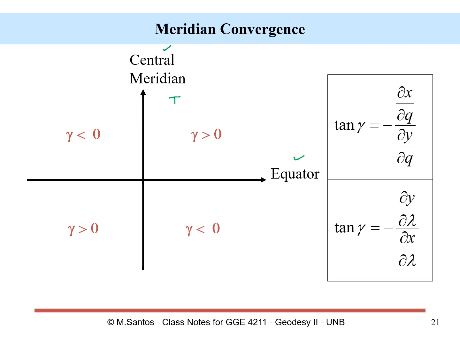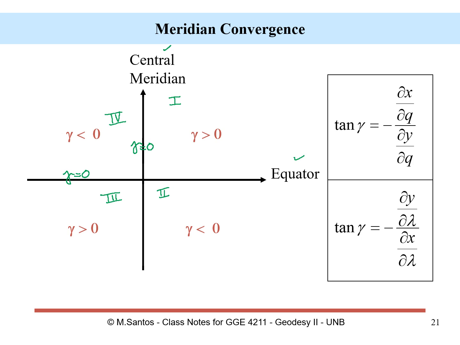In the first quadrant and the third quadrant, gamma is positive. This meridian convergence is positive. In the second quadrant and in the fourth quadrant, the meridian convergence is negative. Along the equator, gamma equals 0. Along the central meridian, gamma equals 0.